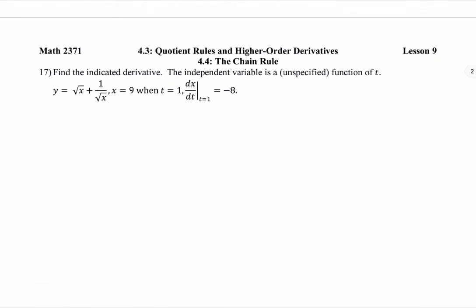Now for number 17. What I'm going to do first is rewrite y. So y equals x to the 1/2 plus x to the negative 1/2. My directions are supposed to say to find dy/dx when x equals 9 and t equals 1.